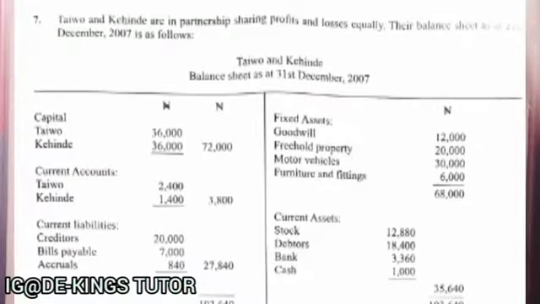It said Taiwo and Kehinde are in partnership, sharing profits and losses equally. Their balance sheet as at 31st December 2007 is as follows. Taiwo and Kehinde balance sheet as at 31st December 2007. We have capital, Taiwo and Kehinde, 36,000 each, giving 72,000. We have current account, Taiwo and Kehinde, 24 and 14, giving 38.